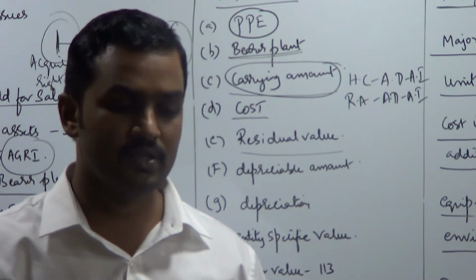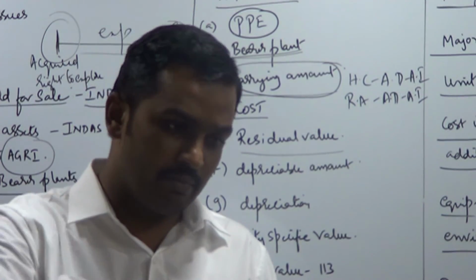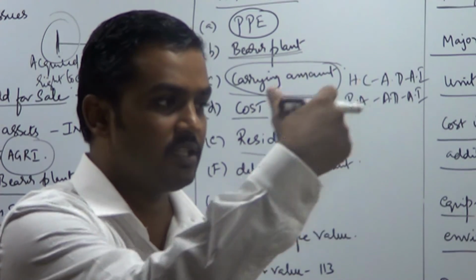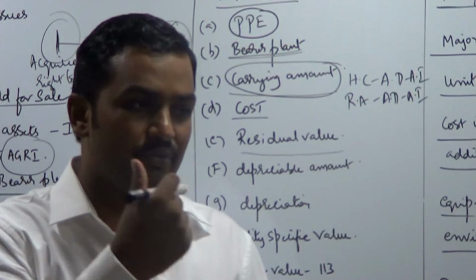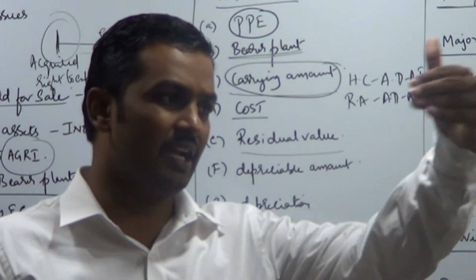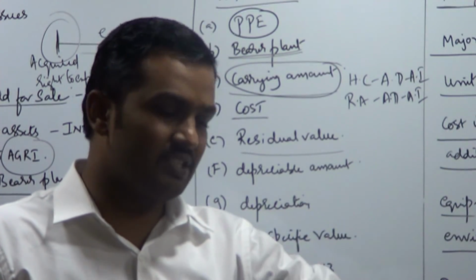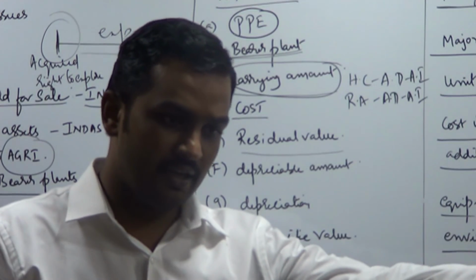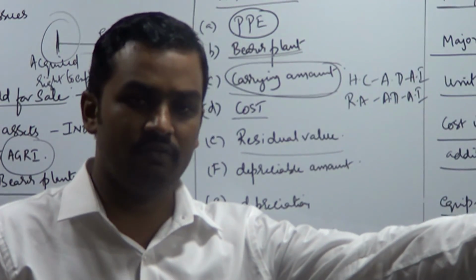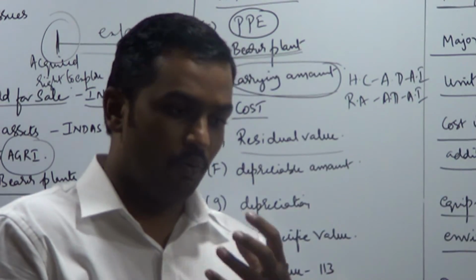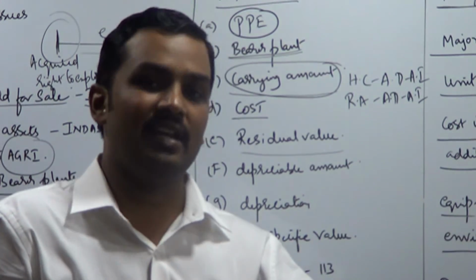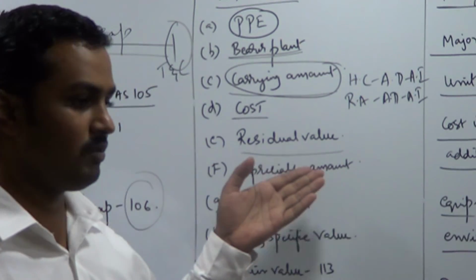Suppose I have acquired a machine today, I have to estimate its useful life. So I would have to estimate what will be the condition at the end of its useful life. Suppose I have an asset which has reached the end of its useful life today and it is in that condition which it would be after 10 years. What will I receive today by selling it? That is called residual value.